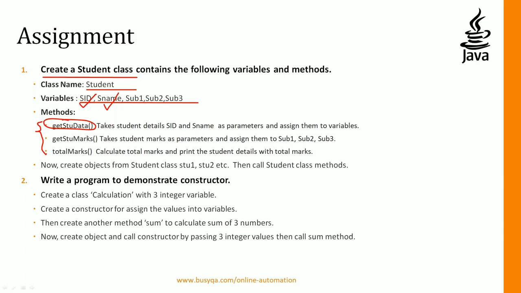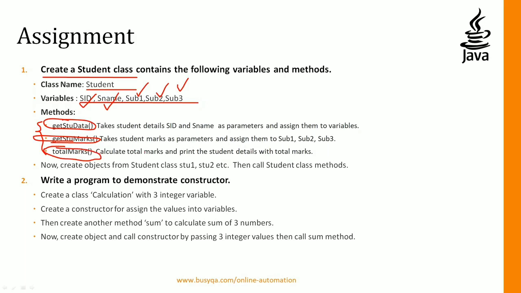And the second method, get stu marks, takes the student marks as parameters: subject1, subject2, and subject3, and those parameters will be assigned to the variables subject1, subject2, and subject3. And the third method is total marks.